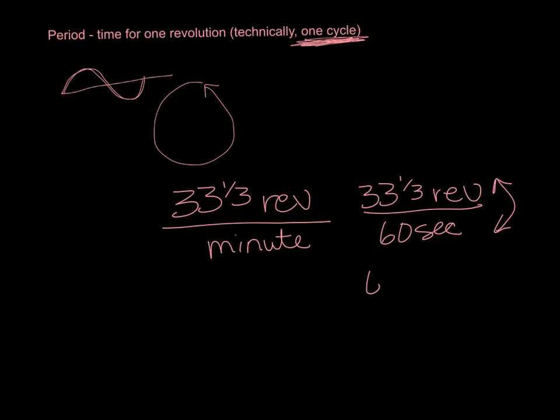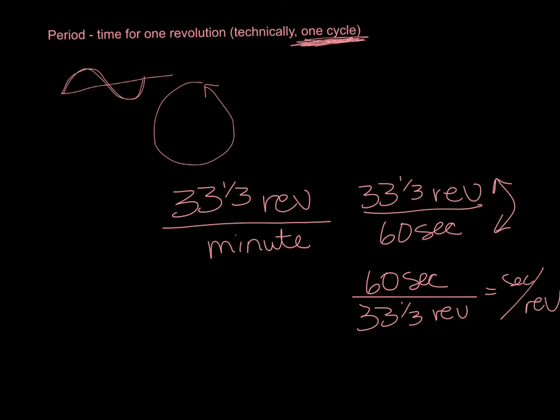So we would say it takes 60 seconds to do 33 1/3 revolutions, and that'll give us seconds per revolution, which is basically seconds for one revolution. So see how that works?